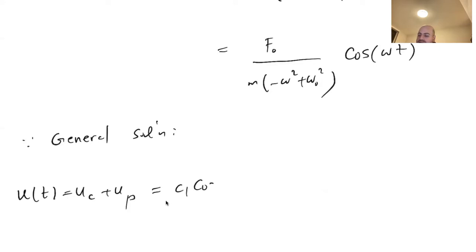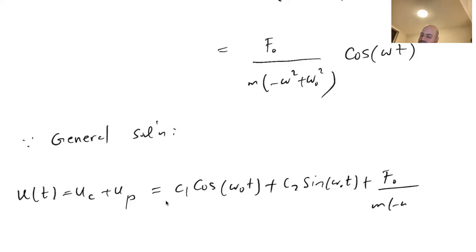So C1 cos omega naught t plus C2 sine omega naught t, plus u_p, which we just found above: f0 divided by m times minus omega squared plus omega naught squared, cos omega t.